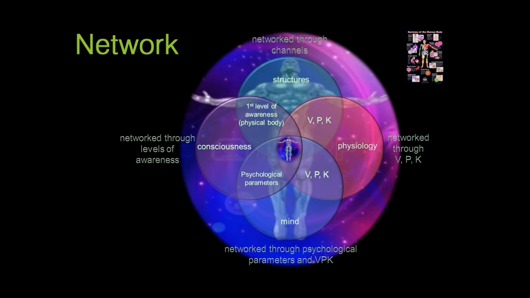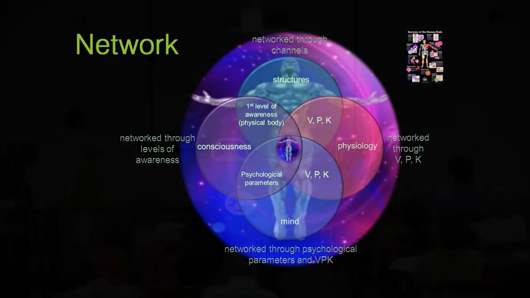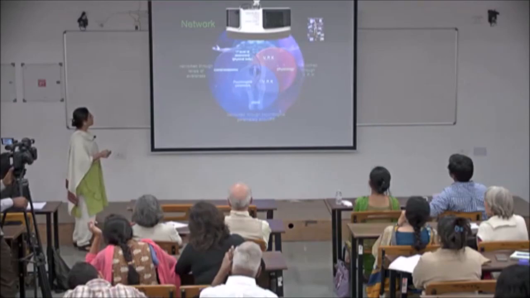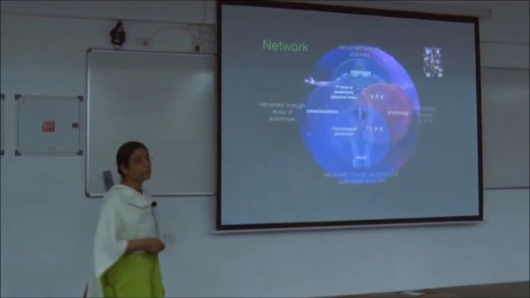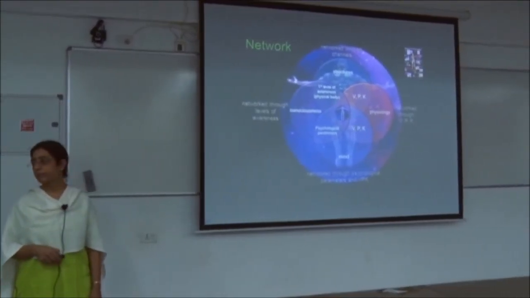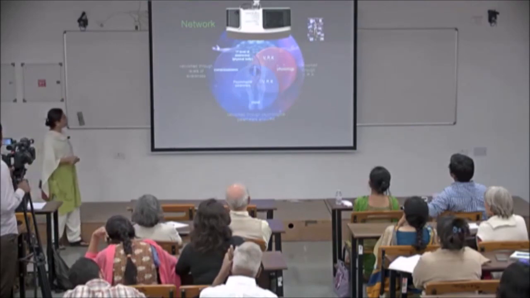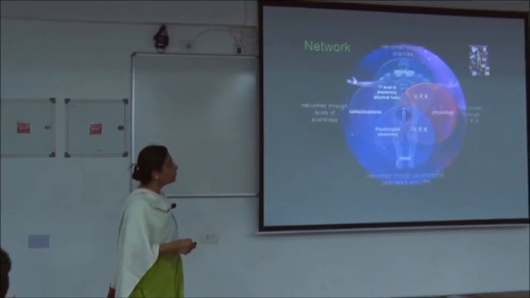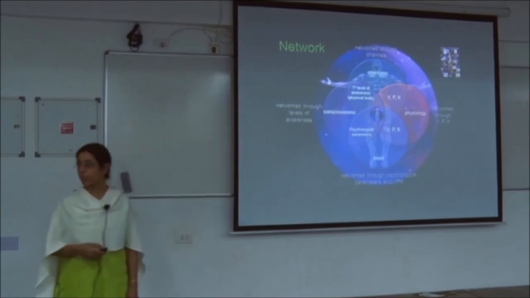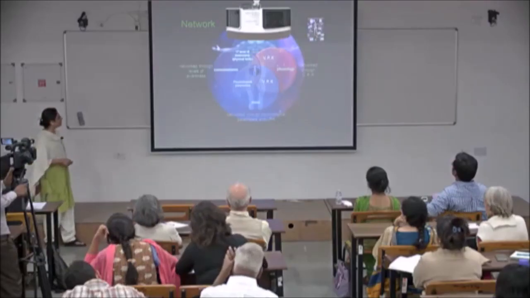Each of these domains is networked within itself. For example, the structures in the system are networked through channels which are called srotas. The physiological domain is networked through the dosha, vata, pitta and kapha, which is what I had tried to explain to you all.